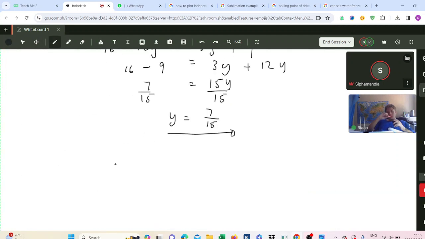That equation is x equal to 2 minus 3 over 2y. We already got the value of y, so we can use it to find x. So we'll have 2 minus 3 over 2 into 7 over 15.